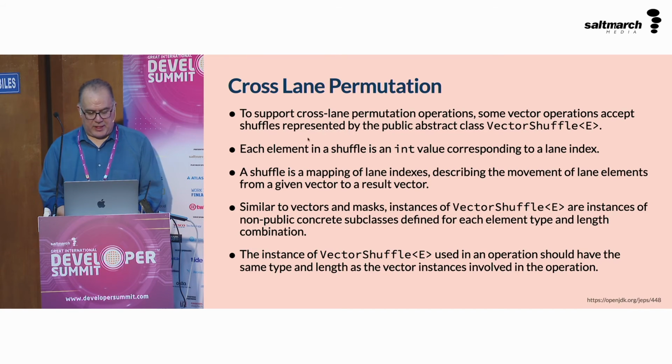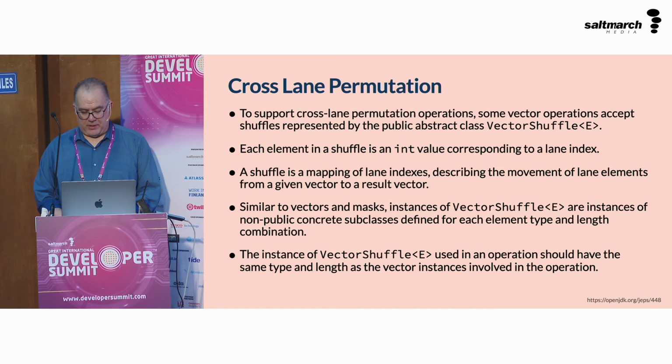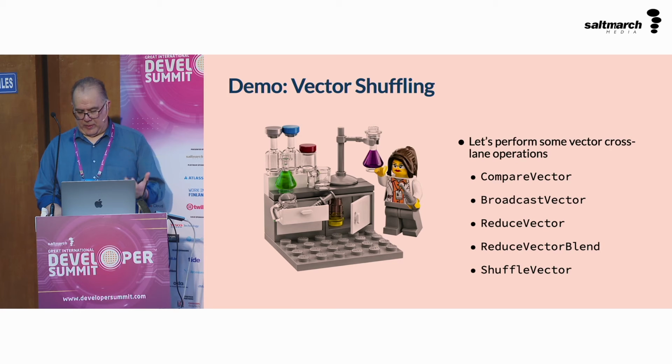In order to do something like a cross lane, there's another object called vector shuffle that's going to do that particular work for us. Instances, non-concrete subclasses are going to be used there. They should have the same type, but these are for cross lane.